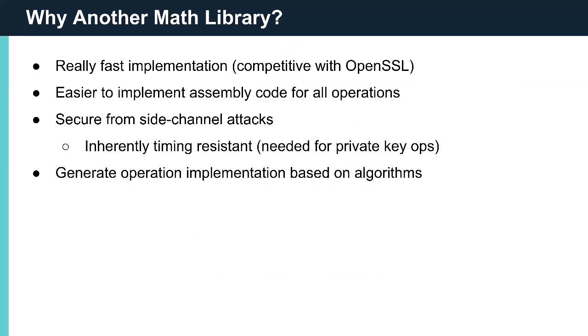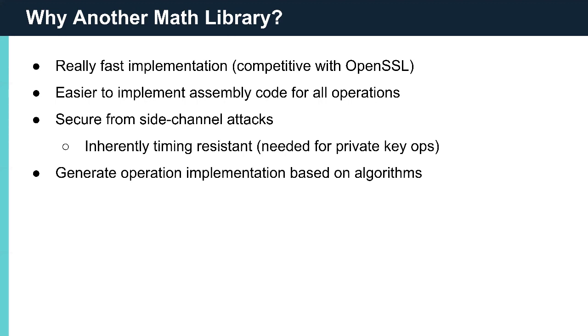So why did we need another math library? We wanted something that was really fast and that we could easily optimize and add assembly optimizations to. Ideally, we want to be at least the same speed as OpenSSL, and in the ideal case, even a little bit faster in some cases. We wanted an easier way to implement assembly code for all operations. We wanted this library to be secure from side channel attacks.